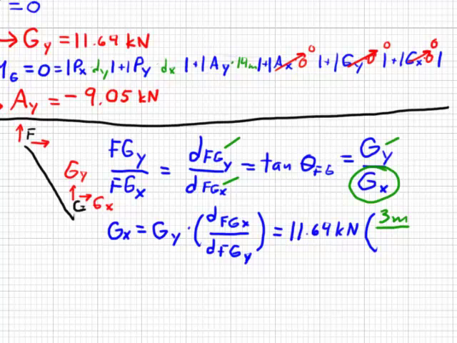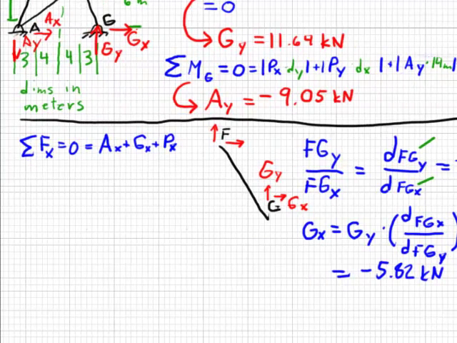From F to G is not 6 meters, it's down 6 meters, or negative 6 meters. So this value here is just 1/2. So if I take 11.64 kilonewtons, multiply by these two, note that the units cancel out. 3 over 6 is 1/2. Gx is negative 5.82 kilonewtons.